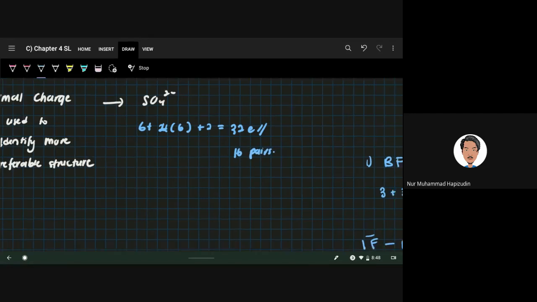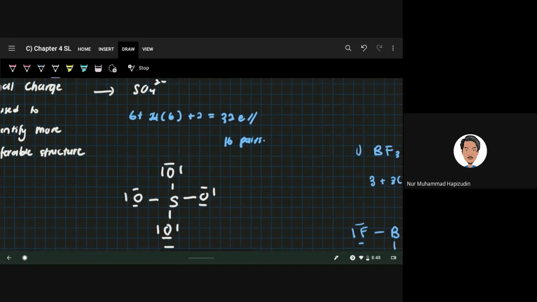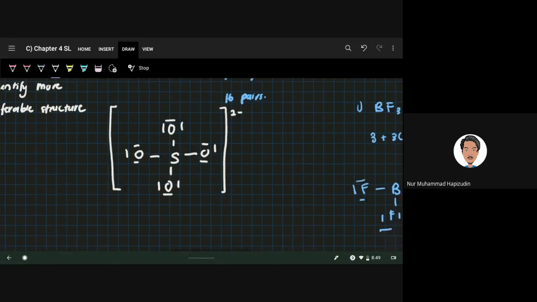Okay, so draw your Lewis structure. Buat sama, kamu kena draw juga. So sulfur, oksigen, 4, 5, 6, 7, 8, 9, 10, 11, 12, 13, 14, 15, 16. Okay, and then do a bracket. So this is your Lewis structure for sulfate ion.